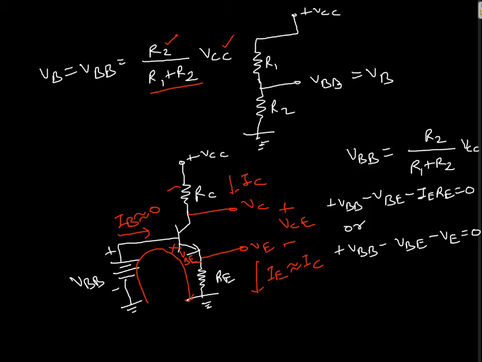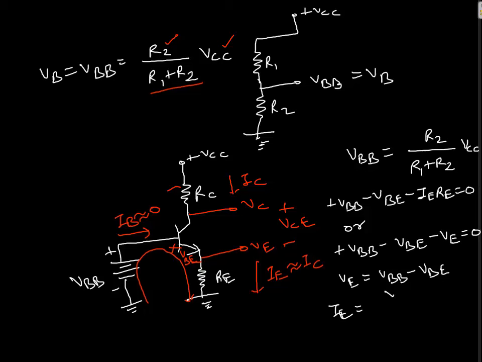So from here I can write VE equals VBB minus VBE.